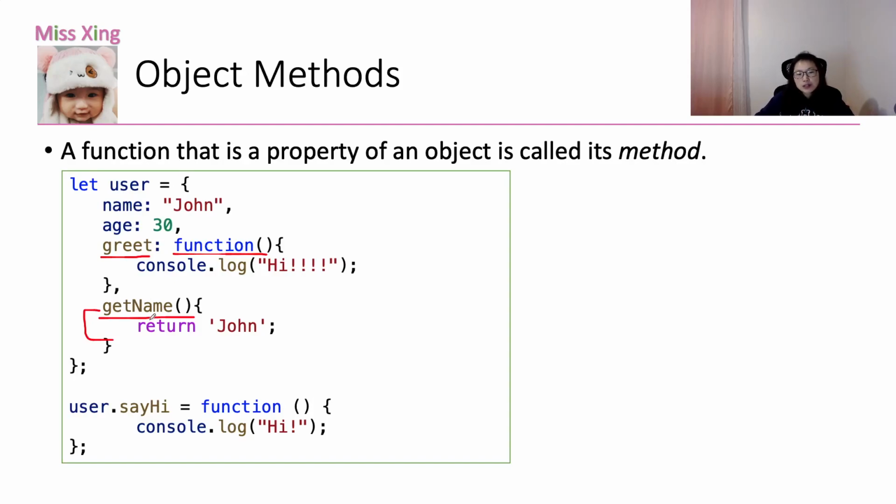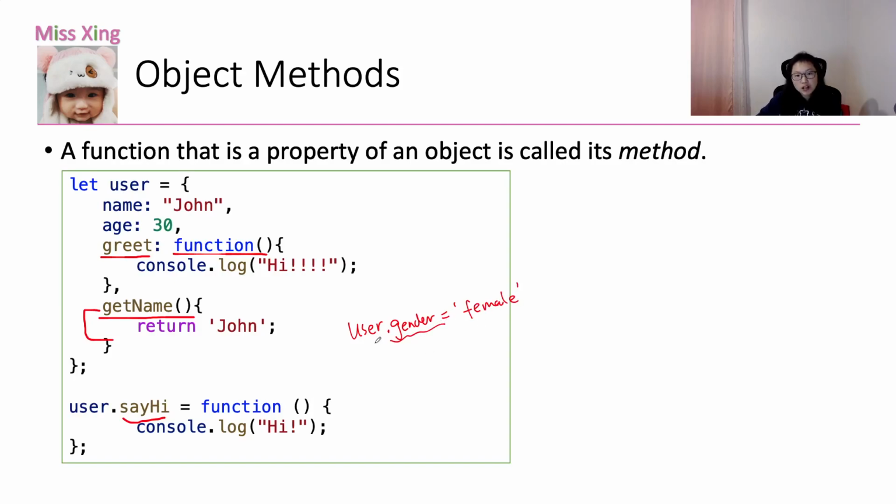And another way to define a method is by extension. We already talked about how, if we want to add a property to an object, we can use dot notation. Previously, we did something like user.gender, and we will set it to female.